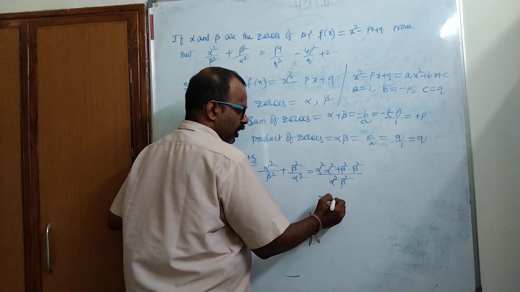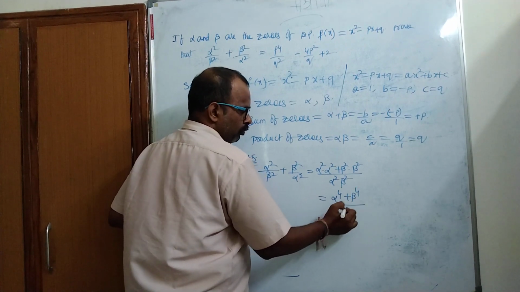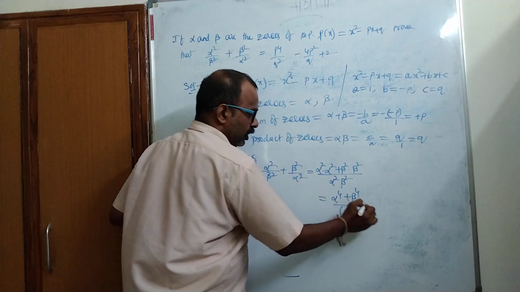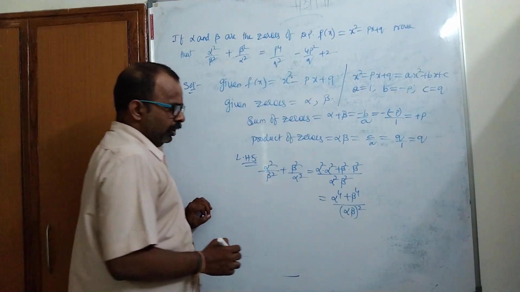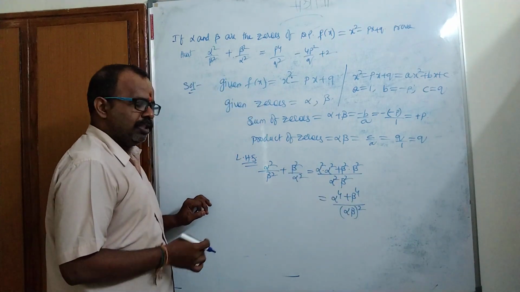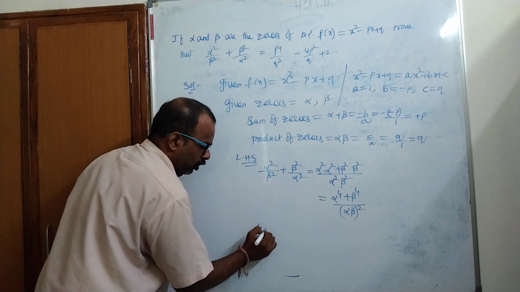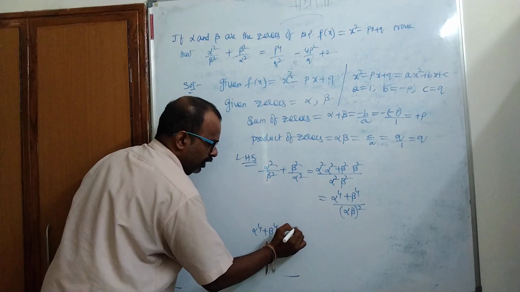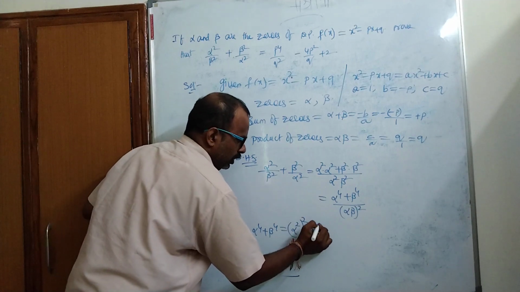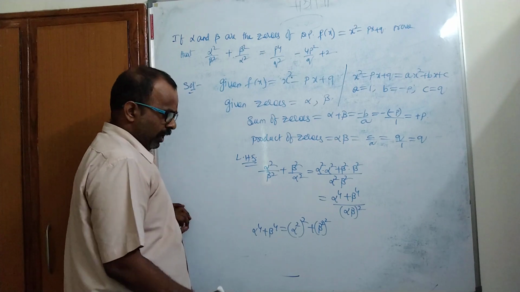So alpha square into alpha square will be alpha power 4 plus beta power 4 by alpha beta whole square. Now we need to find the value of alpha power 4 plus beta power 4. So alpha power 4 plus beta power 4 is equal to alpha square whole square plus beta square whole square.